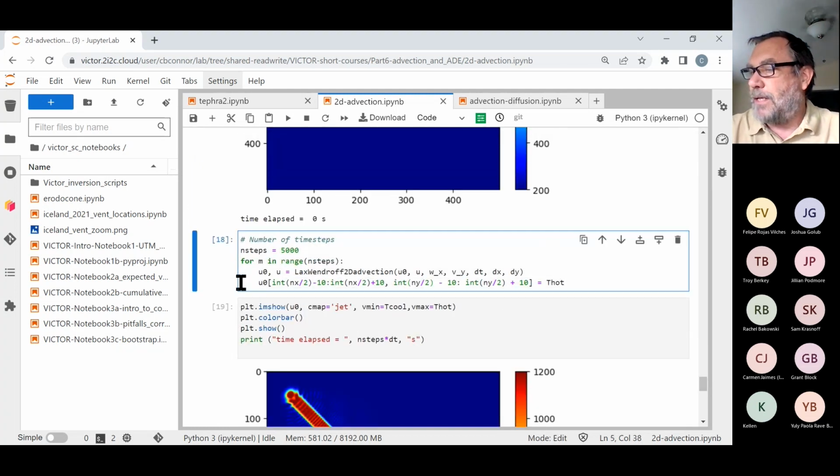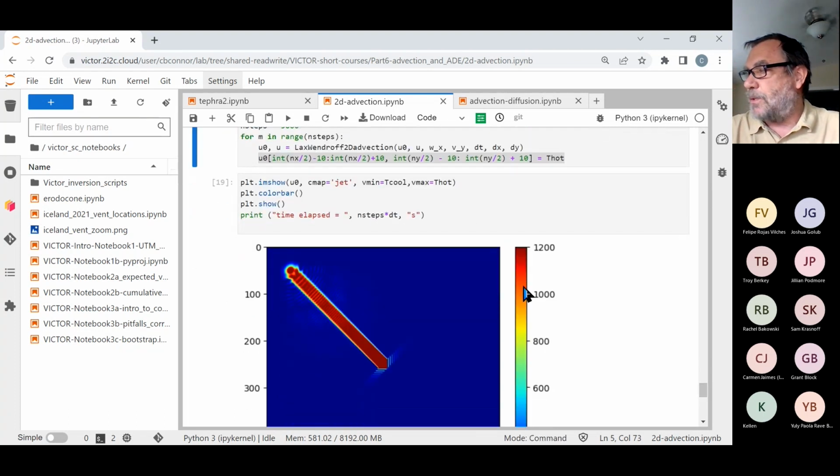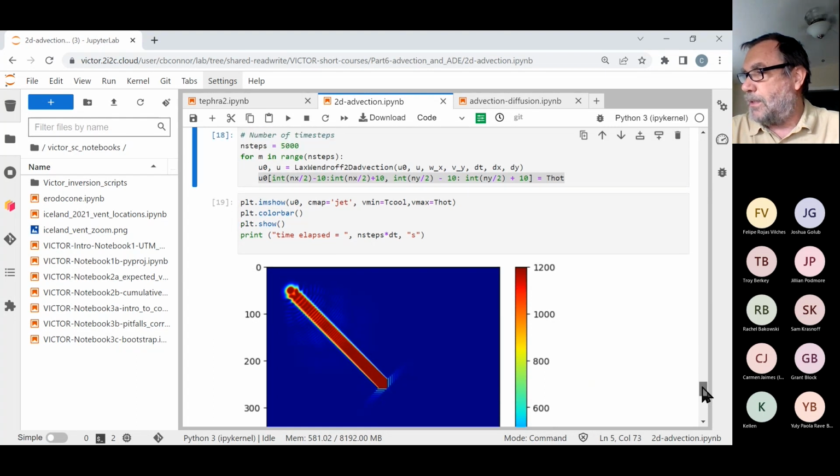And then I just keep calling that expression right here. Here I just wrote it out to make it clear. So every time I keep that plume source there. So it's like as if I've added a source term in each step of the equation. I've said, okay, I'm going to add mass to my problem or heat to my problem every time I step through it. And so when I do that, I get this expression, right? This output.